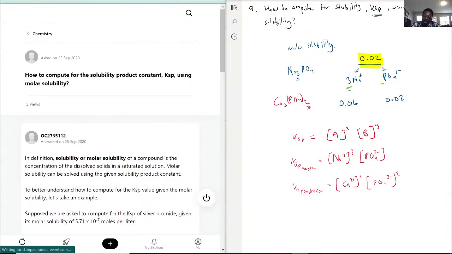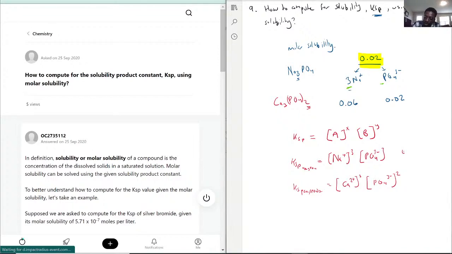Plug it in. So if we did this example for Ksp for the Na3PO4, it'll be 0.06 to the power of 3 times 0.02.